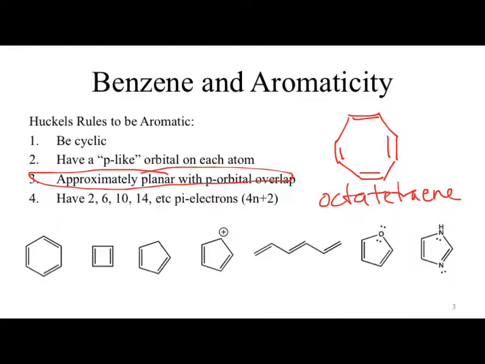Okay. What ends up happening with that compound is it folds on itself and you get kind of a boat shape. How would you know that? Because you told us. As far as I can tell, that's the only way anybody would ever know that that structure is not planar, is because someone told you. Which is one of the reasons why I don't like that rule. And then it goes into other things with your 2, 6, 10 electron issue as well.